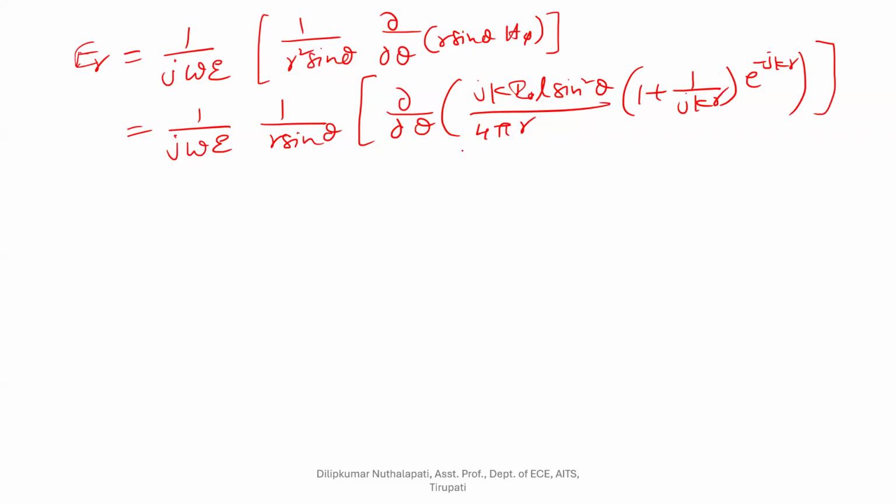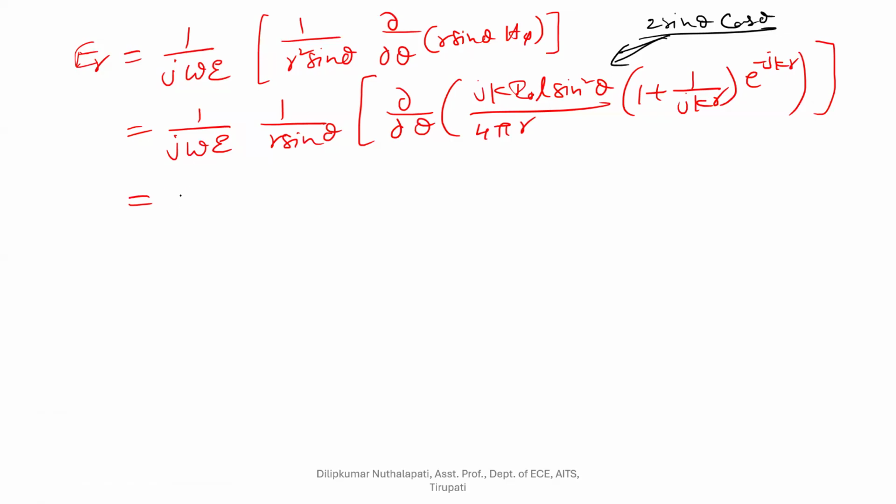Looking at this equation, only the theta term is dependent; all the remaining terms are independent of the differentiation. So we have the term sine square theta as the dependent one. Just like differentiating x square gives 2x, here differentiating sine square theta gives 2 sine theta, and the differentiation of sine theta once again gives cos theta.